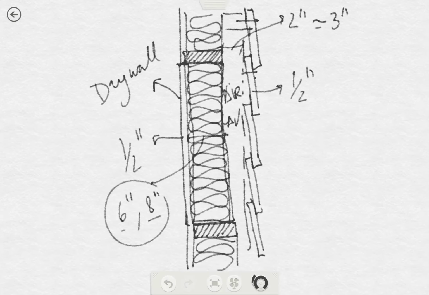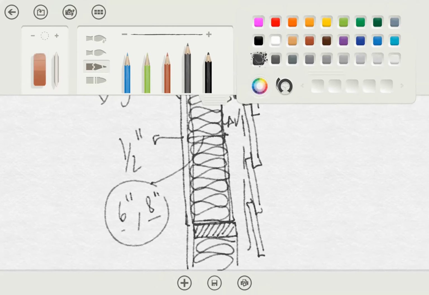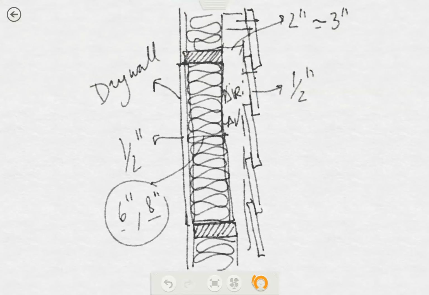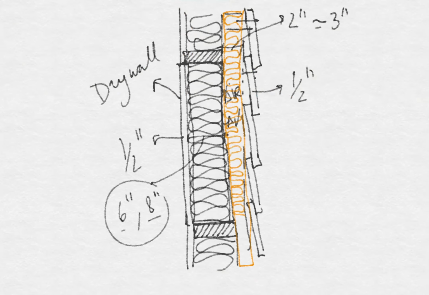But if we have this thermal insulation here, a good way to retrofit this without being aggressive at all is to remove the siding, those elements, and we can fill this air cavity with thermal insulation. And then we place the siding again. So we are increasing this thermal insulation by 3 inches.